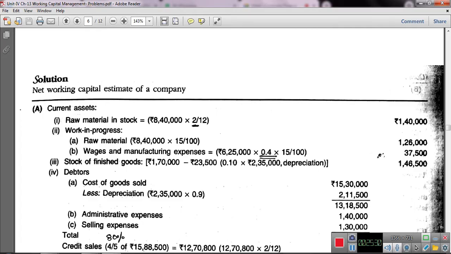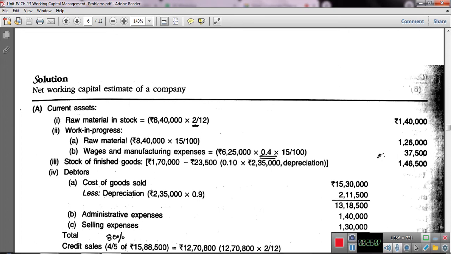Simplifying 15 divided by 100 gives 0.15. So 6,25,000 into 0.4 into 0.15 is equal to 37,500 rupees. The amount required to invest in payment of wages and manufacturing expenses is 37,500.